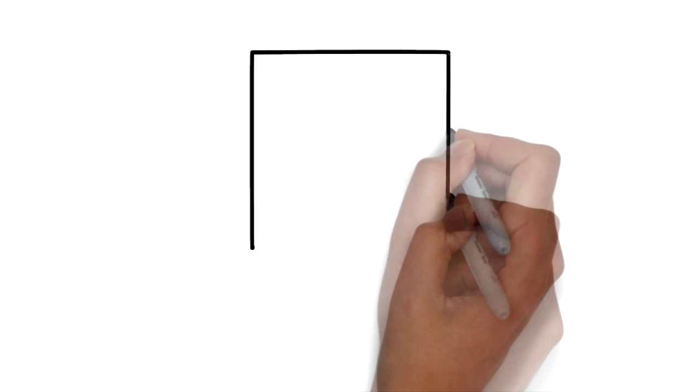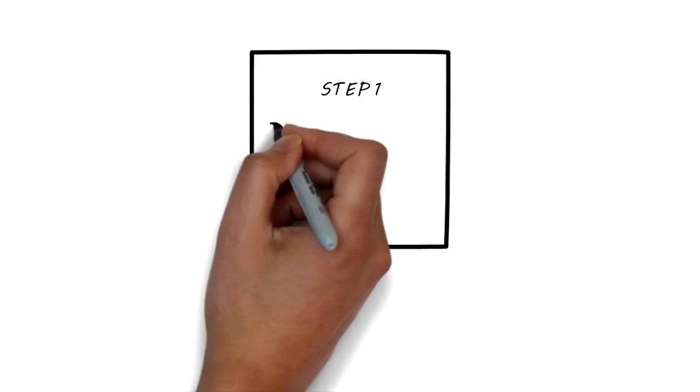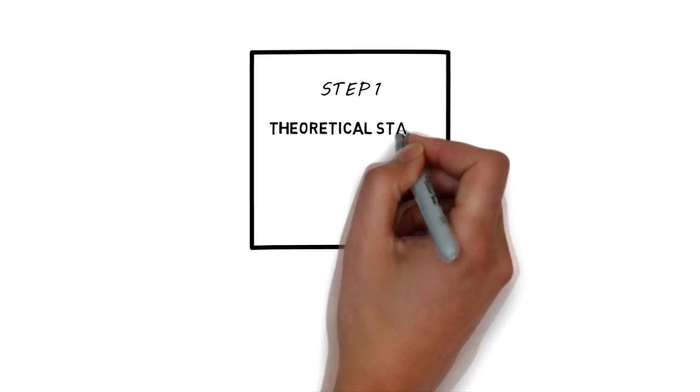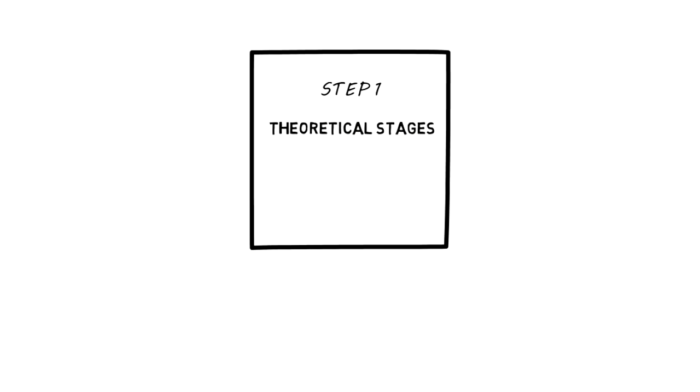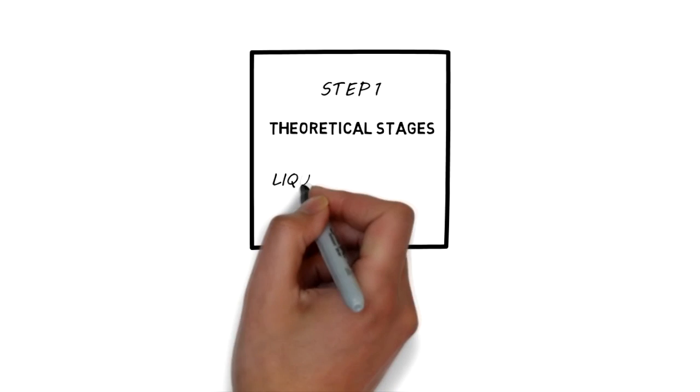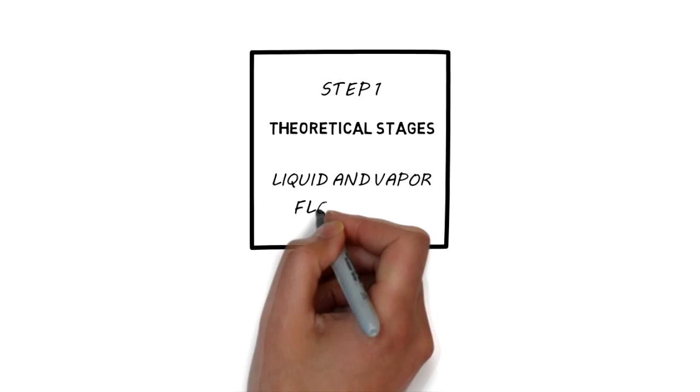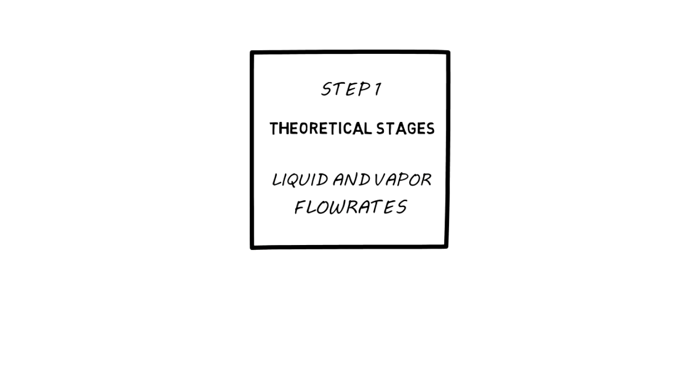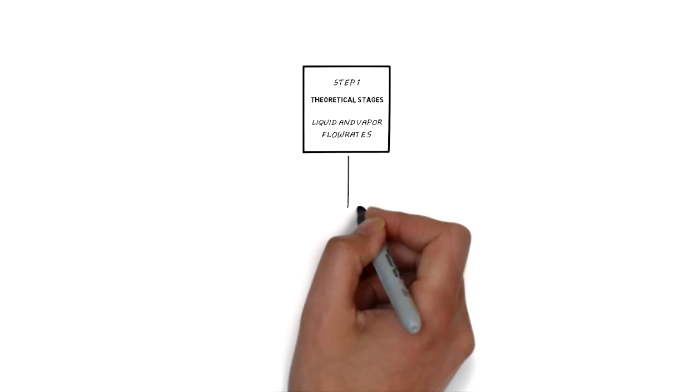Now, let's take a look at the stepwise tray design procedure. Step 1. Determine the number of theoretical plates as well as the vapor and liquid flow rates separately, both in the top and bottom section.